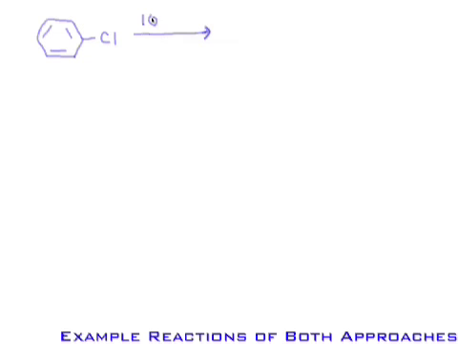If I take a 10% aqueous solution of sodium hydroxide, so it's in water, I will get no reaction unless I go to 350 degrees Celsius and 300 atmospheres pressure.